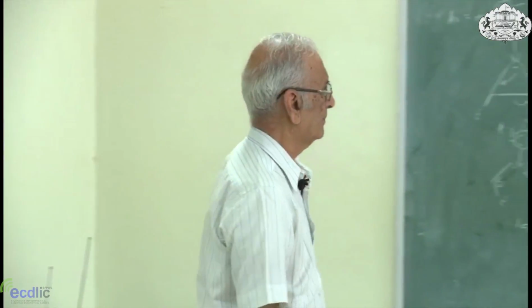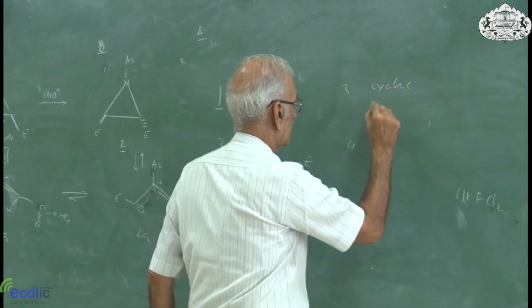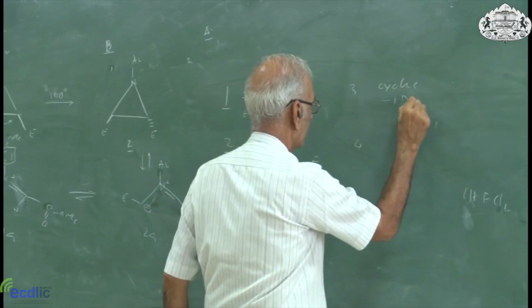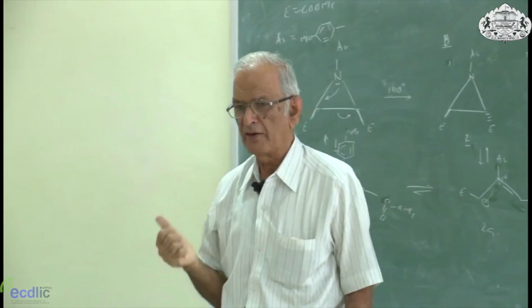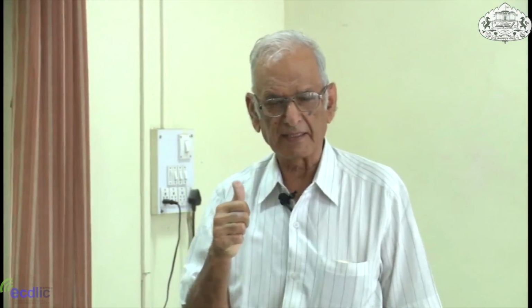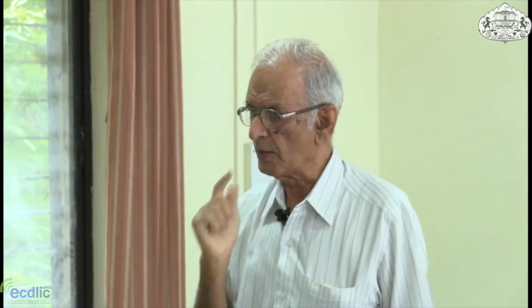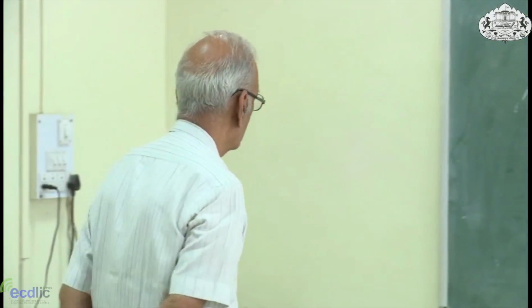My product is cyclic with 1 double bond. So one of my starting materials has 1 double bond, the other has 2 double bonds, total double bonds 3. And in my product, there is only 1. So the reaction that is taking place is a cycloaddition reaction. Okay.